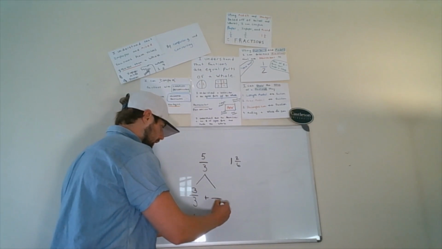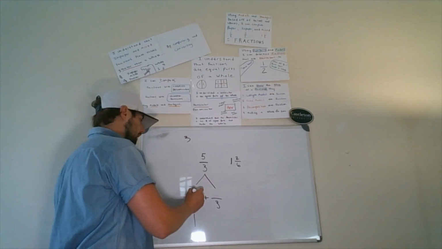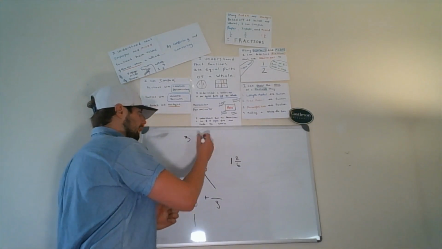I know I'm still working with thirds. How do I get from 3 parts to 5 parts?